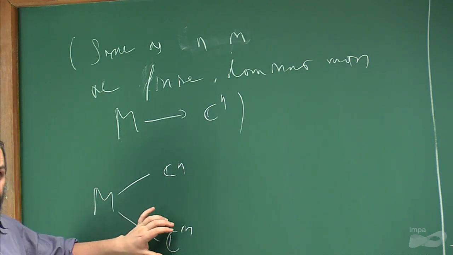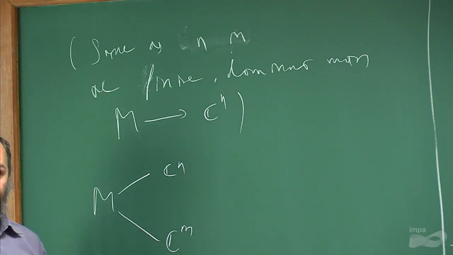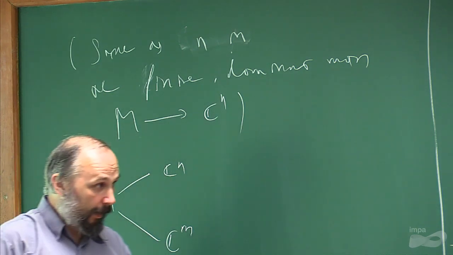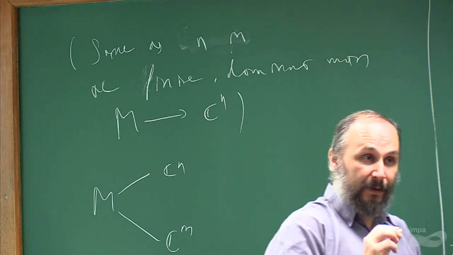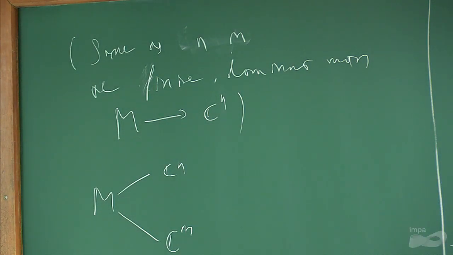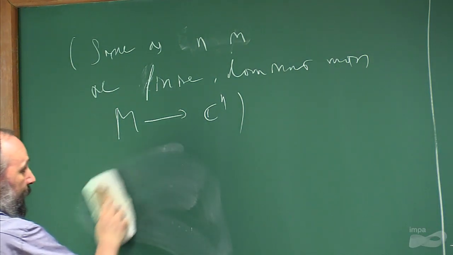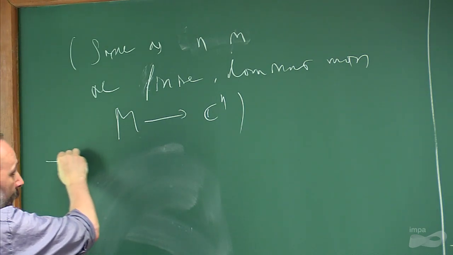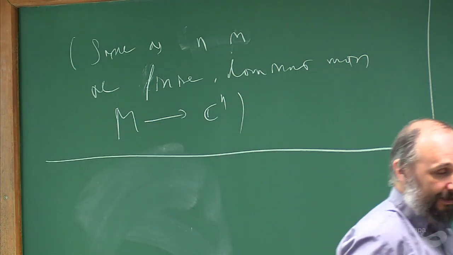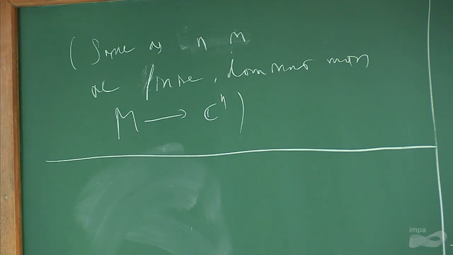Then M is locally diffeomorphic to C^n and to C^m. It's not hard to see that spaces of different dimensions, n-dimensional and m-dimensional, cannot be diffeomorphic. So this is impossible. It's a simple topological fact which you can prove yourself or ask me. It's a good exercise if you learn topology.